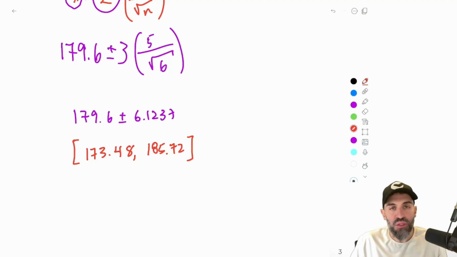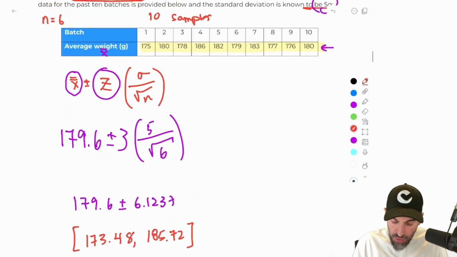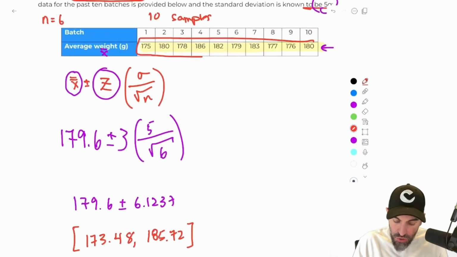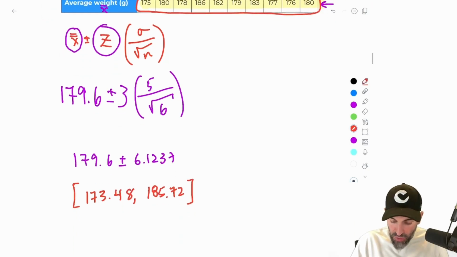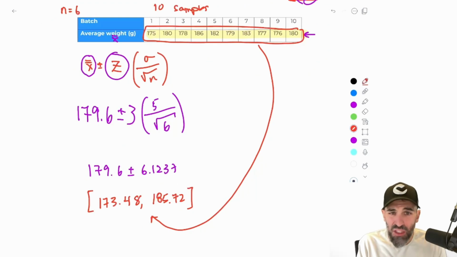Now, the way that you interpret these ranges depends on what it is that you're solving for. Because we're doing an X-bar chart, you look at your X-bars, meaning your averages, to see if they fall within this range. So we go back and look at the averages and see: do all of these averages fall within this range? Anything below 173? No. Anything above 185?